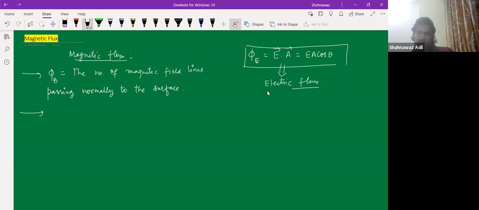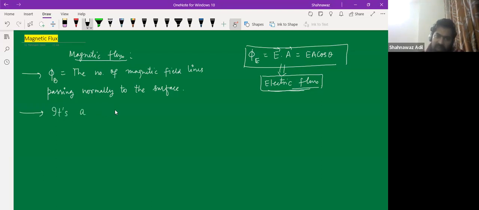Magnetic flux, because it has both direction and magnitude. Okay, so what quantity was the electric flux? That was scalar. So what would magnetic flux be? Yes, it is also a scalar quantity, right?